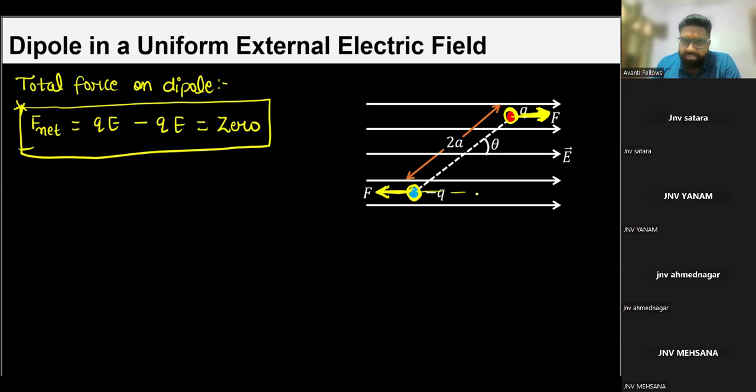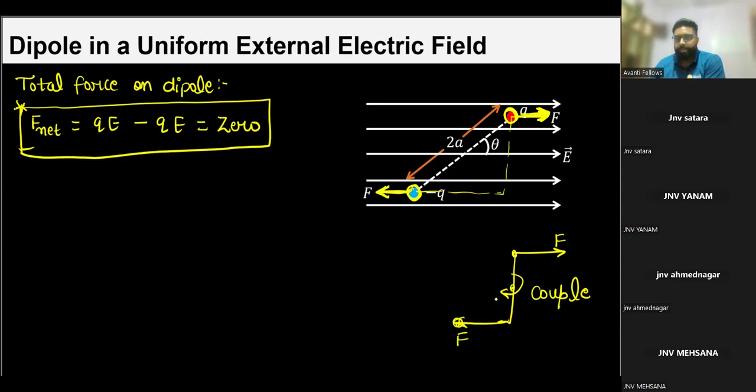These are the forces which are separated by some distance. And we know that when two forces equal and opposite in magnitude are separated by some distance, they will form a couple. And a couple is nothing but the torque.